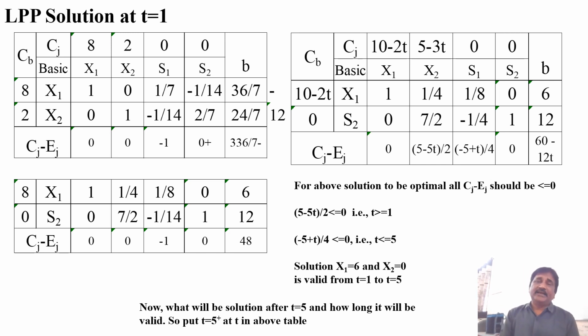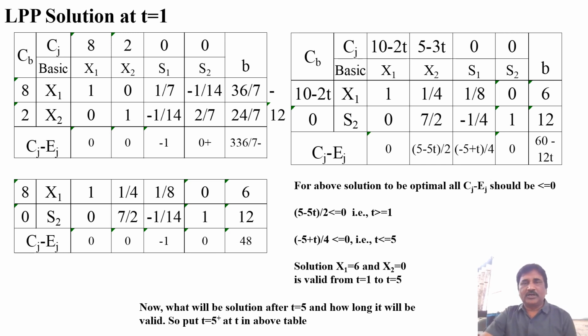Again the question arises: how long will this be the optimal solution? How long will this solution after t equal to 1 continue to be the optimal solution? For finding that, I will have to replace this 8 again by 10 minus 2t, and 2 by 5 minus 3t.